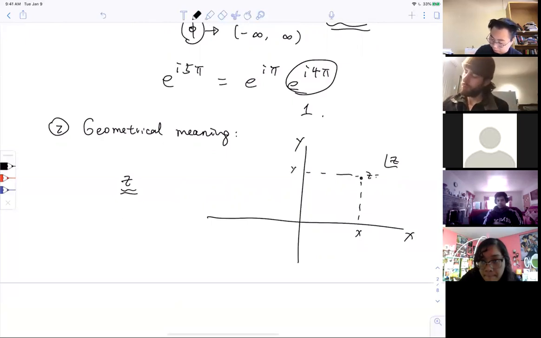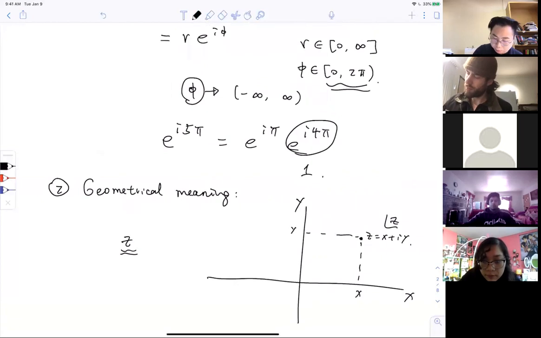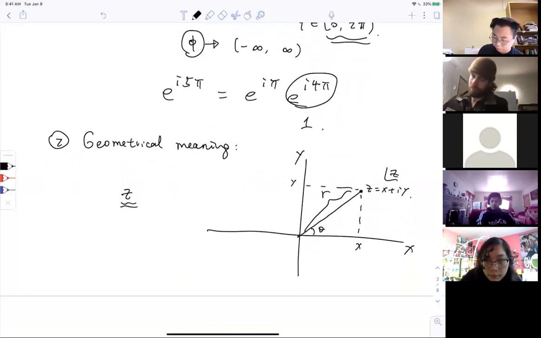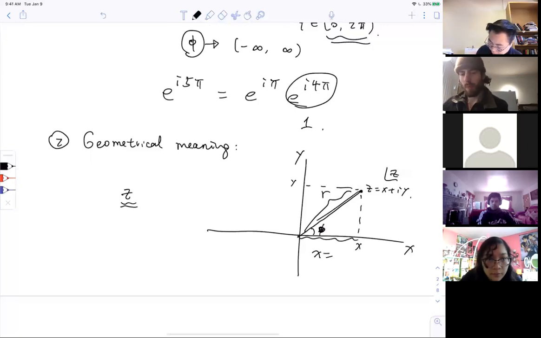This point is x plus iy, and in terms of the polar form, this is r and this is theta. So this picture tells you the relation between x, y and r, phi: x equals r times cosine phi, and y equals r times sine phi, right?